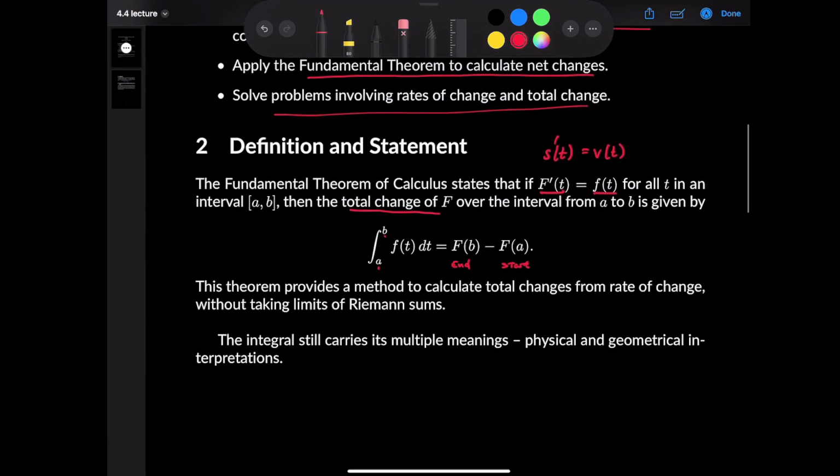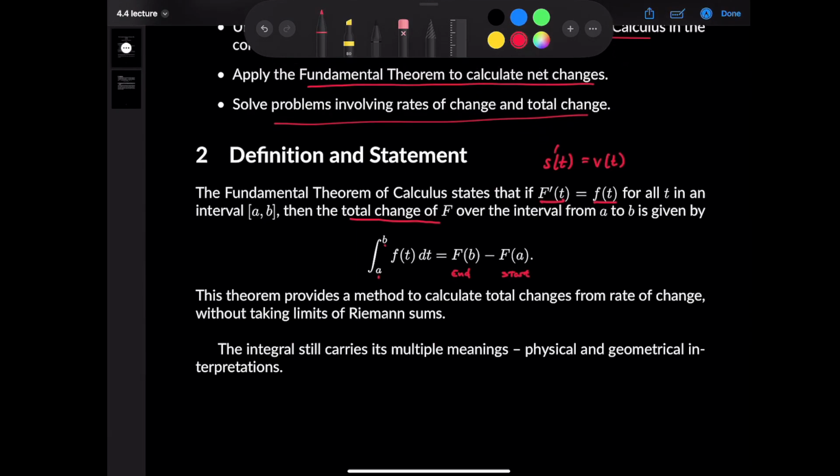So again, this gives us a way to calculate the total change in a function given the integral of its derivative. This connects the function with its derivative by way of the integral, without taking limits of Riemann sums.